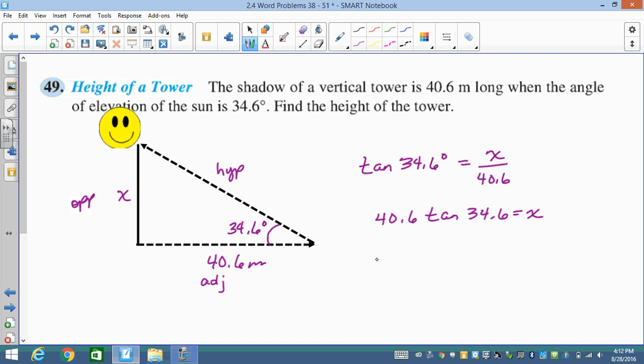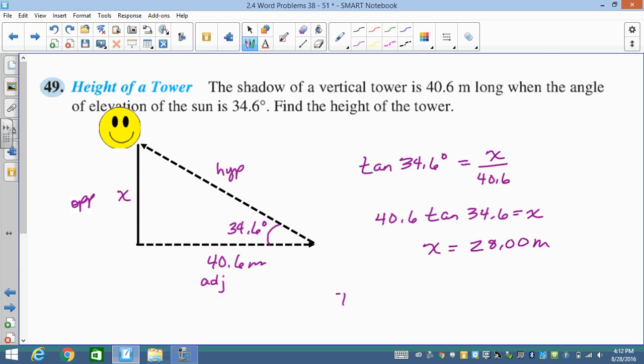So we throw this into the calculator, and we get 28.00 meters. So there's our x value, and we're looking at really 3 significant digits.